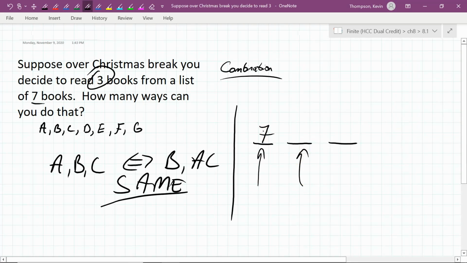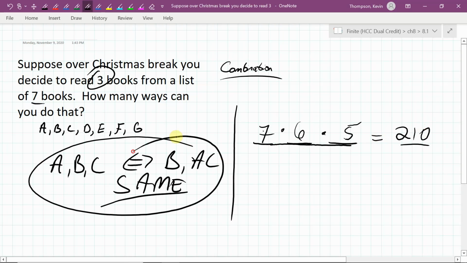So how many books can you read second? 6. How many can you read third? 5. But we have actually double counted. So this answer of 210, which is actually the answer we had a second ago, right? Yes, 7 times 6 times 5 is 210, is too big for this problem.